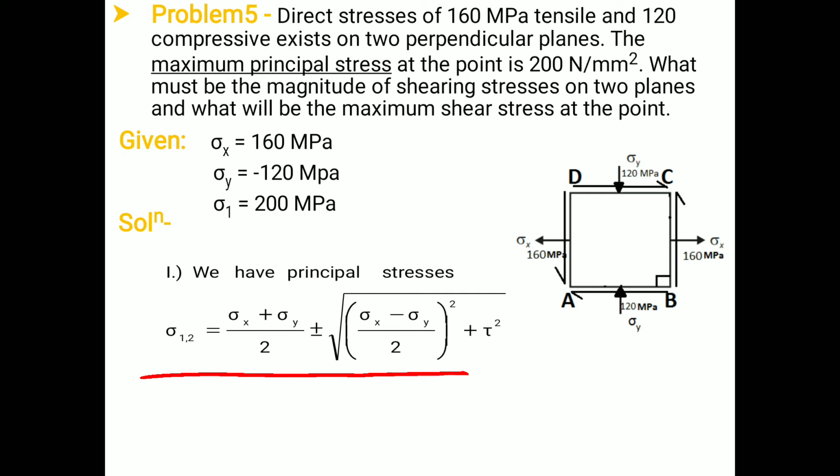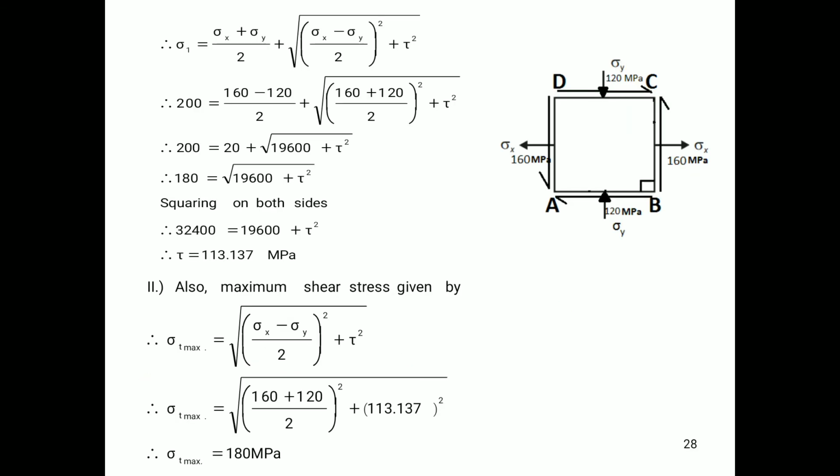Remember that the plus sign is for the maximum principal stress and the minus sign is for the minimum principal stress. As per the given data we have the maximum principal stress, so you consider a positive sign while solving. Therefore, sigma 1 equals sigma x plus sigma y by 2 plus the square root of sigma x minus sigma y by 2 whole squared plus tau squared.